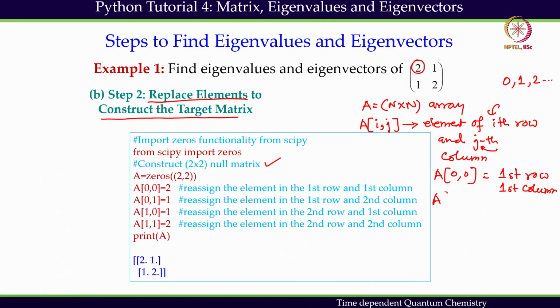Then if I write down A 1 2, it means it is first row and second column. So, this is the first row and second column. So, this is going to be this one, and so on. This is just the way we are going to assign.